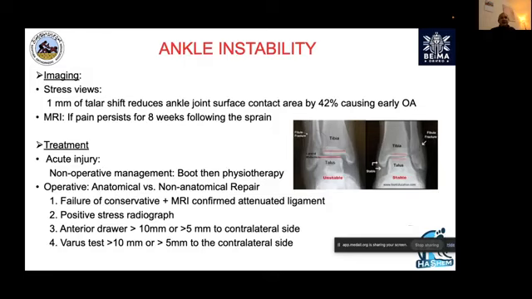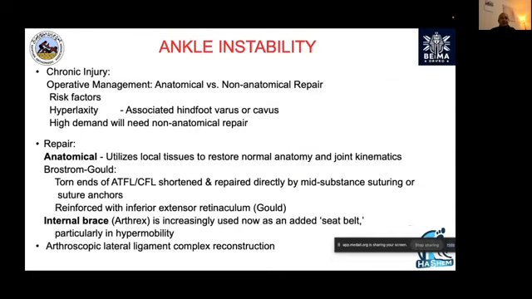Then operative treatment: if we plan to operate, we operate either by anatomical or non-anatomical repair, and we don't operate on ankle instability very commonly unless the patient fails, and we exhaust all ways of conservative treatment, or if the patient starts to have problems like OCL from the ankle instability. Before we do that, we need to ensure that the MRI scan shows which ligament is injured, and we plan everything before we go ahead.